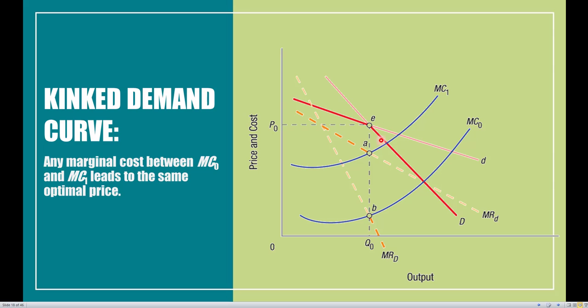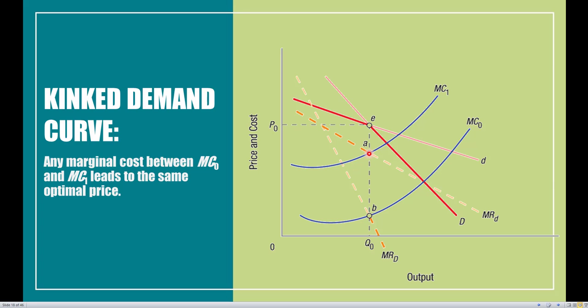If we had a very, very high cost, say at MC1, MC is going to intersect the marginal revenue curve right here, so therefore the profit maximizing price is P0. If we had a relatively lower cost, say at MC0 right here, it intersects the marginal revenue curve right here. So at point B, when we hit the profit maximizing price, remember we read off of the demand curve, it returns us the same exact profit maximizing price, P0.